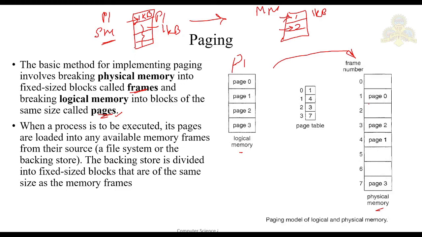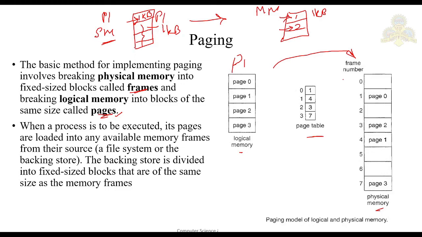That particular mapping is kept in the page table. Your operating system has a page table. This page table gives the operating system an idea of which page of that particular process is kept in which frame number in the main memory. Let me explain this particular diagram.